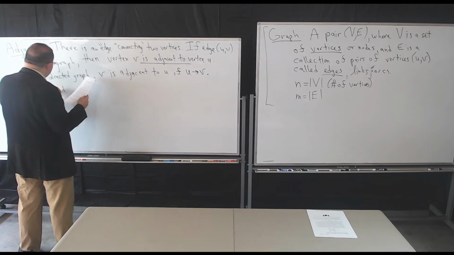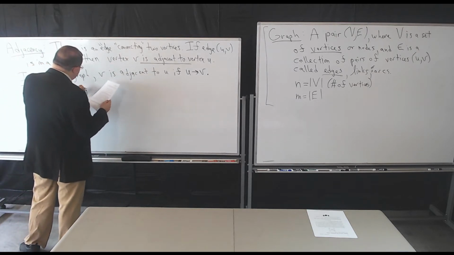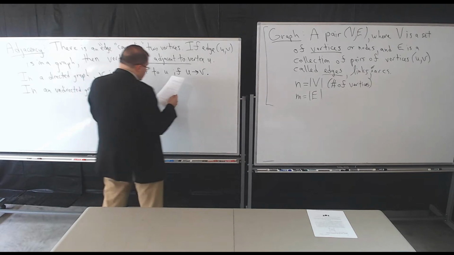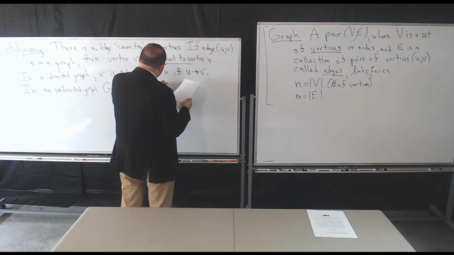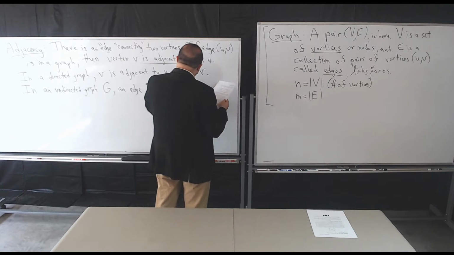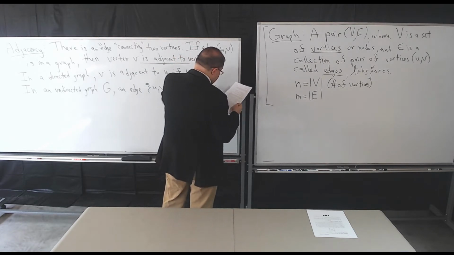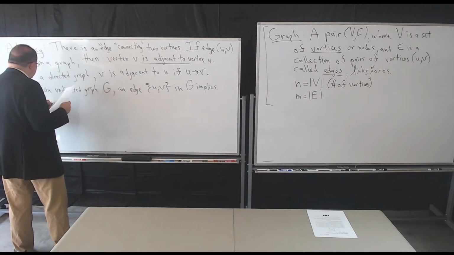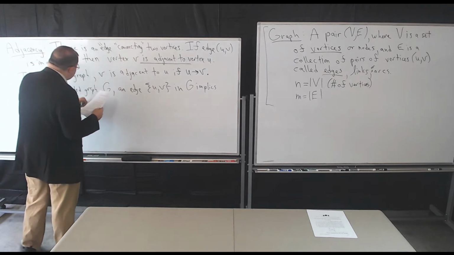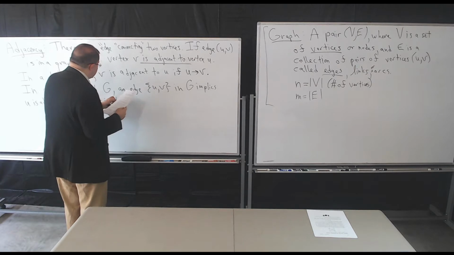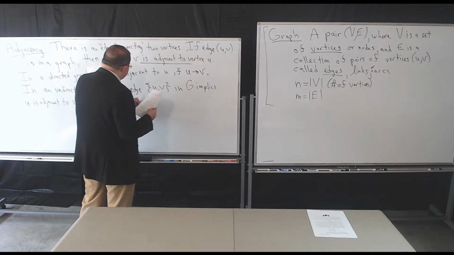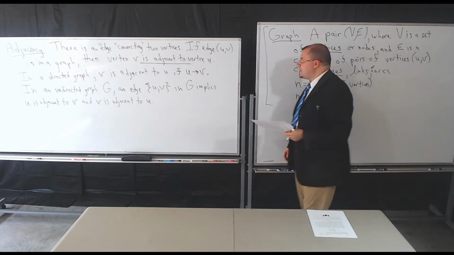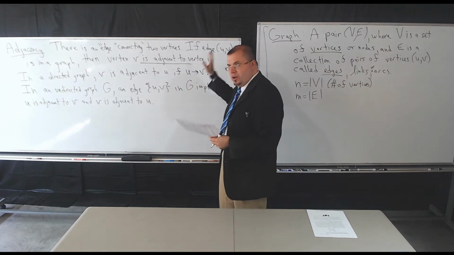In an undirected graph G, an edge (U, V) in G implies U is adjacent to V, and V is adjacent to U. So it goes both ways when it comes to an undirected graph. So this notion of which order they're in dissolves completely.